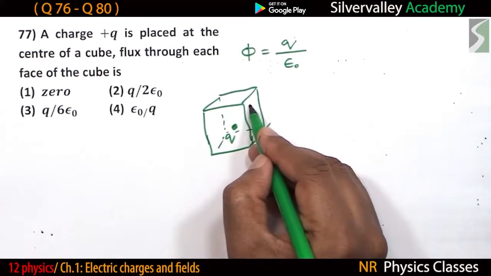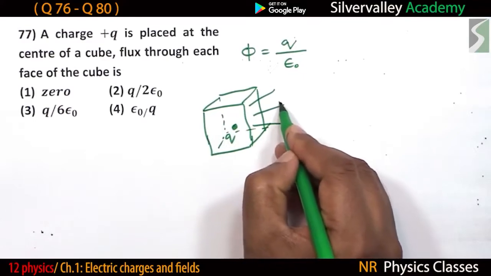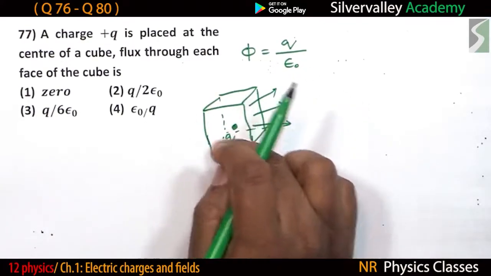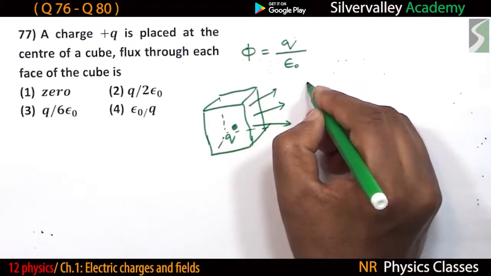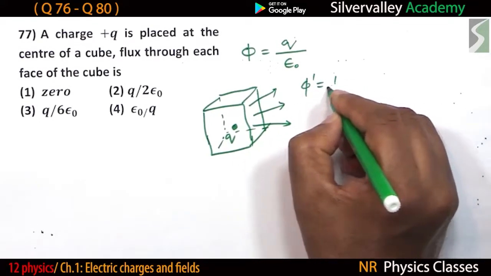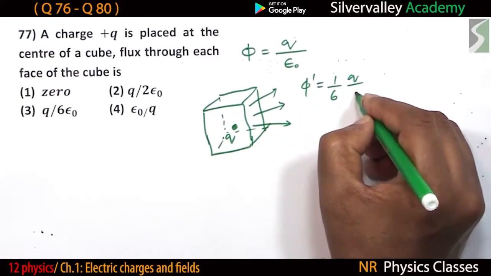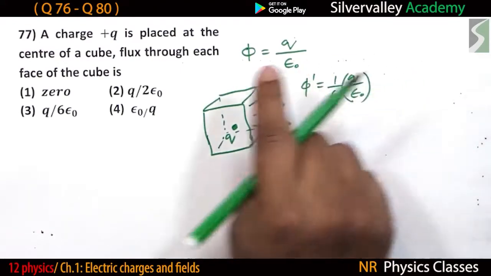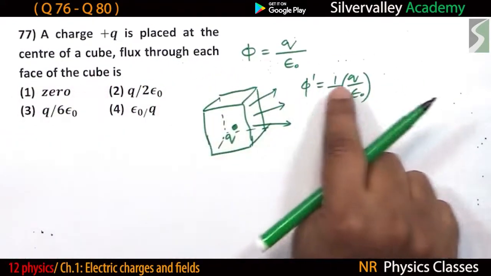Therefore, flux through each face, since there are 6 faces, is 1/6 of q by epsilon naught.